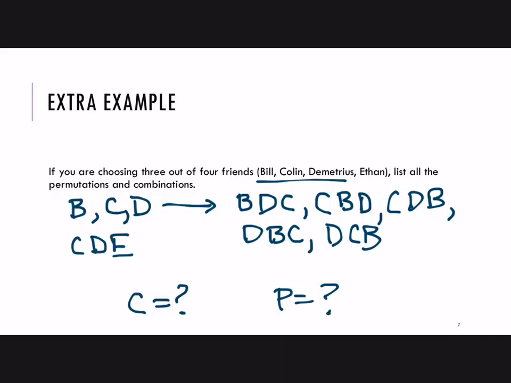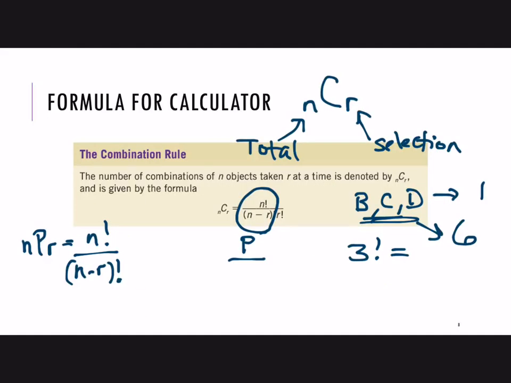Hopefully you found when listing that there were 24 different permutations, but only 4 different combinations. So if we looked at this formula, here's the number of permutations. This is 24.